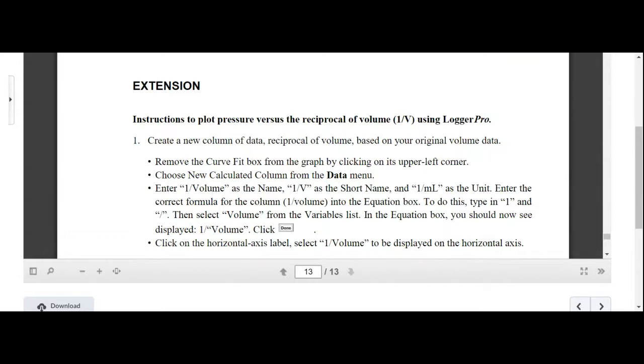Okay, let me stop sharing the other document. Now we start the experiment. Can you tell me what are the steps for the experiment? What should I do?